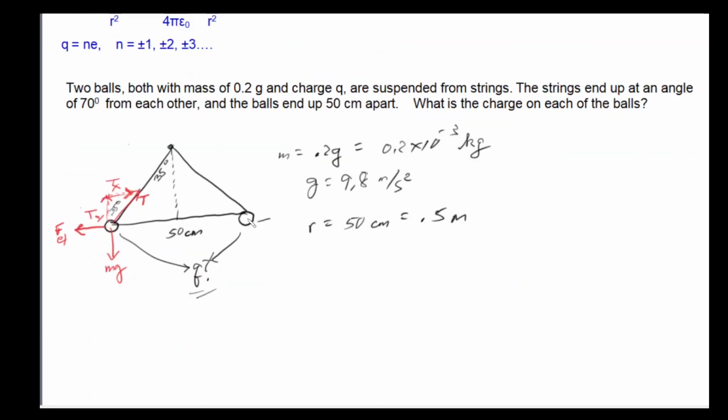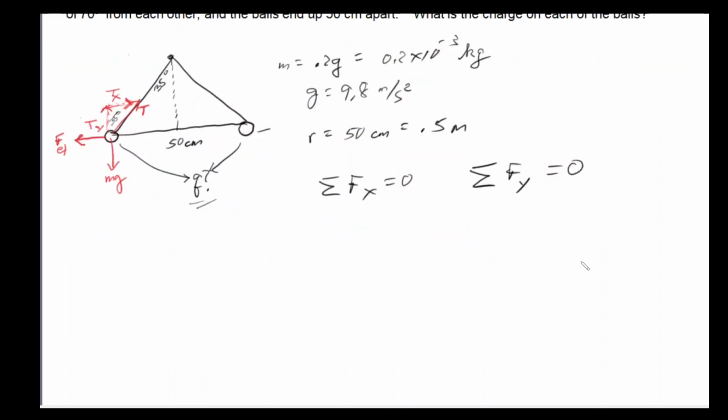And since they are stationary, they're in equilibrium, and we know then that in equilibrium, the sum of the forces in the x direction has to equal 0, as do the sum of the forces in the y direction. So let's look at our x direction first.